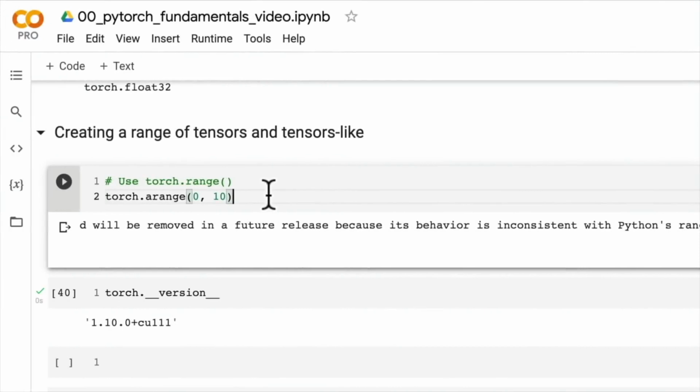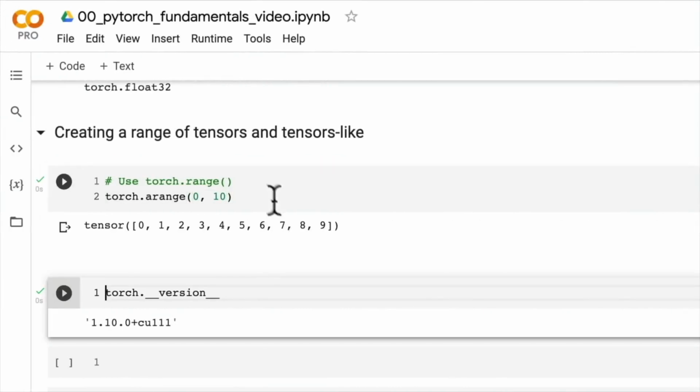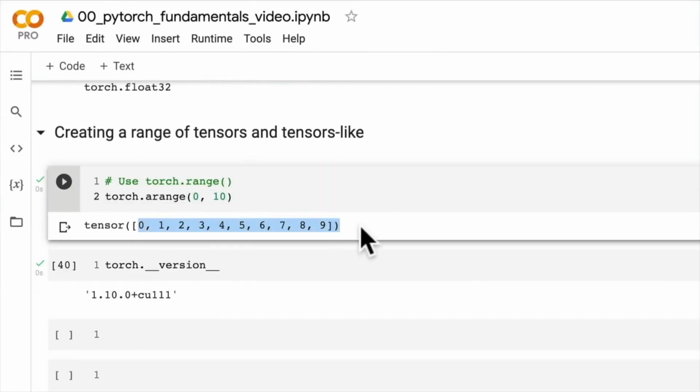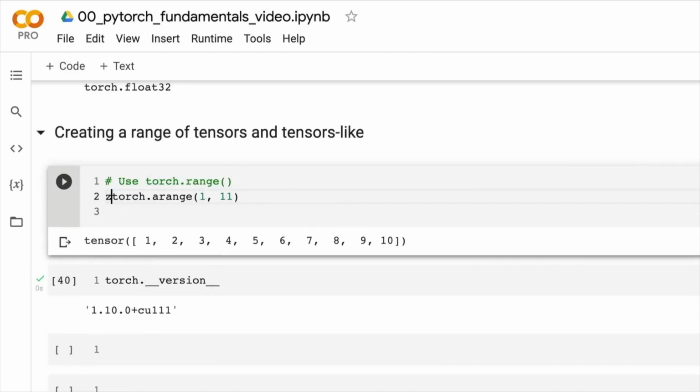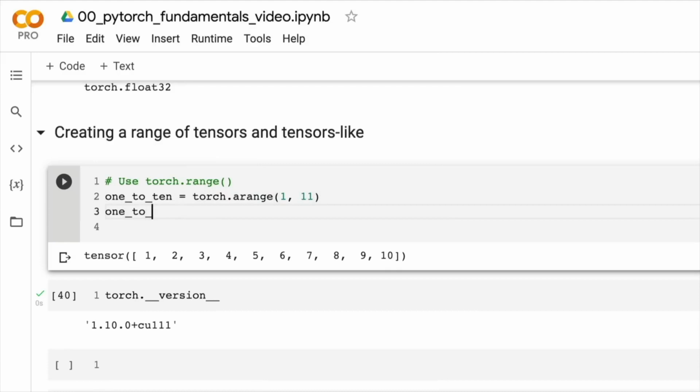And if we just write in torch.arange, we've got tensors of 0 to 9 because it, of course, starts at 0 index. If we wanted 1 to 10, we could go like this: 1, 2, 3, 4, 5, 6, 7, 8, 9, 10. And we can go, or we go 1, 2, 10 equals torch.arange.